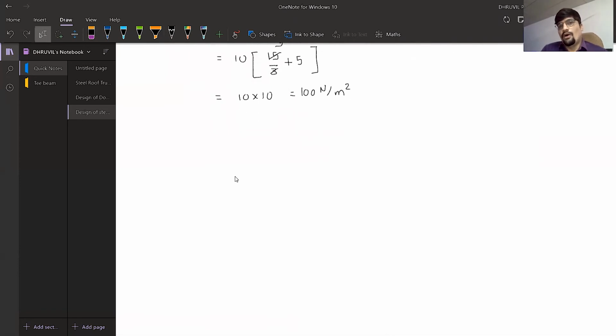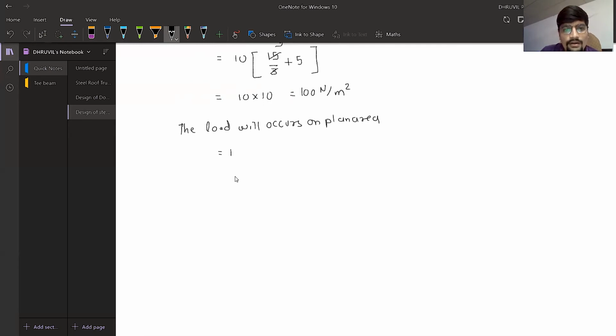Now, on which portion will the span apply the load? Obviously, on the plan portion, because the span occurs at the plan area. That's why the load will occur on plan area.